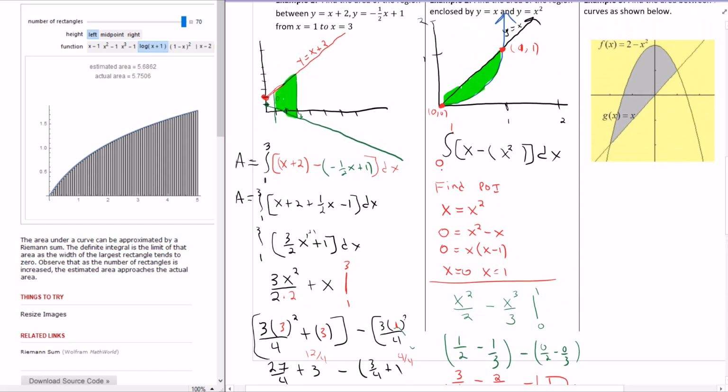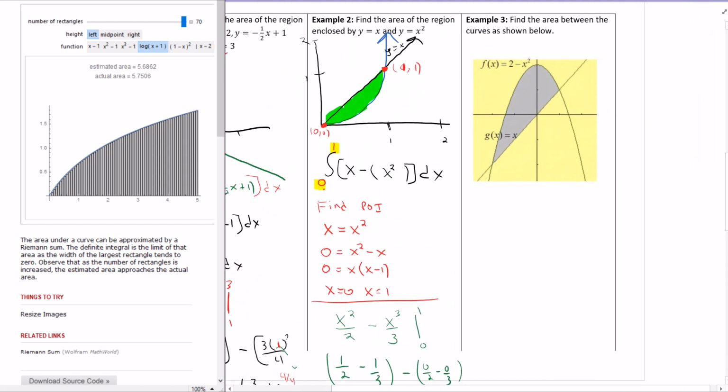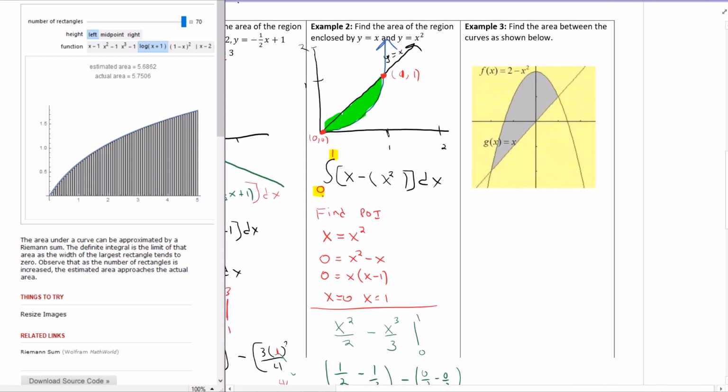So again, the new thing here is to find the limits. You had to find the points of intersection. In example 3, something similar is going to be happening, but it's going to be a little bit different. Again, let's start by setting up the integral.